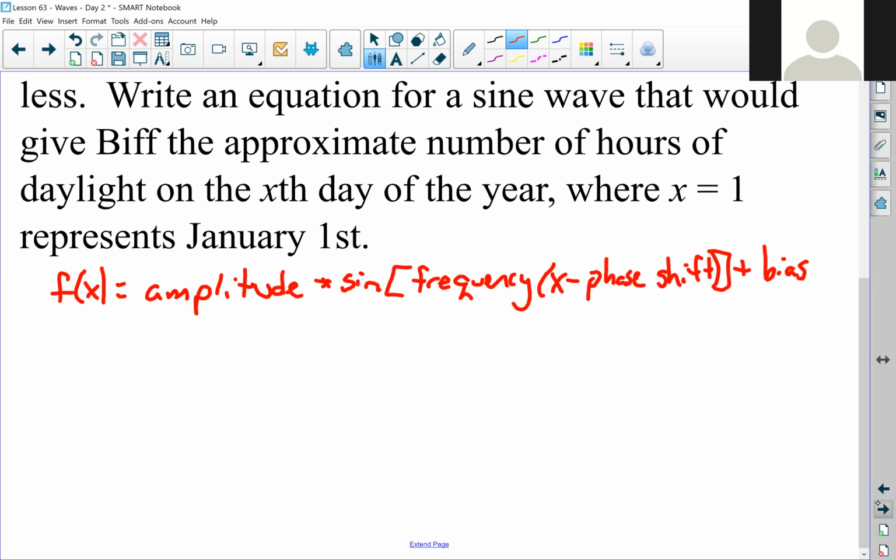And of these values, amplitude, frequency, phase shift, bias, the easiest two to find are the amplitude and the bias.